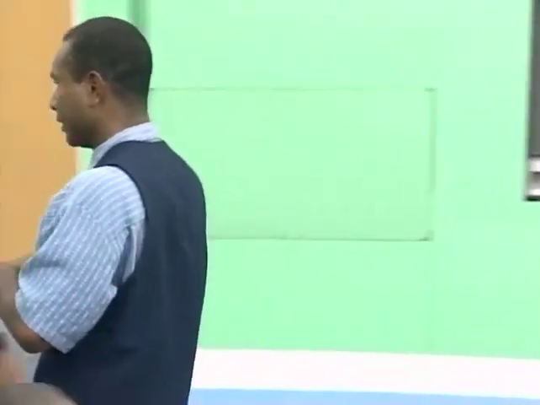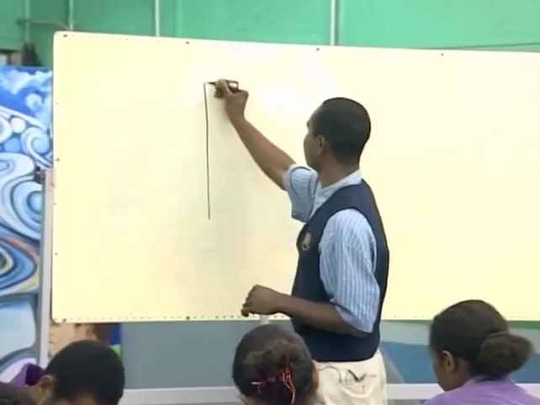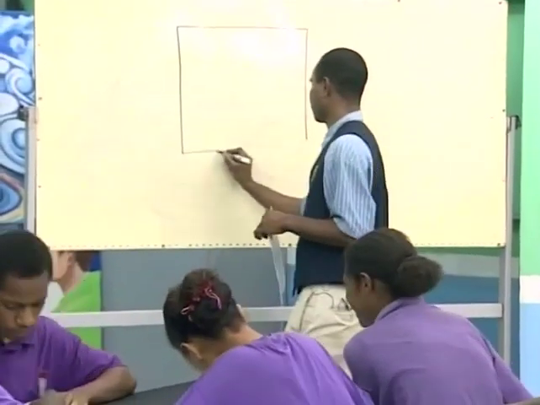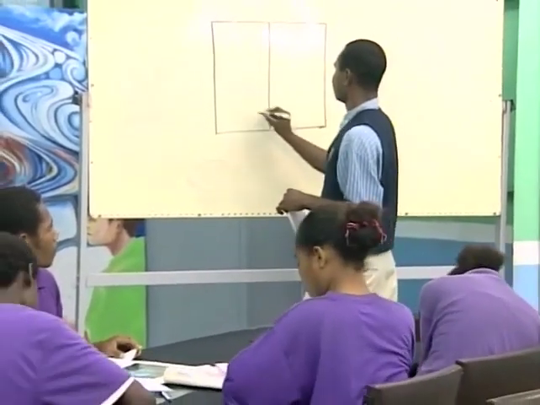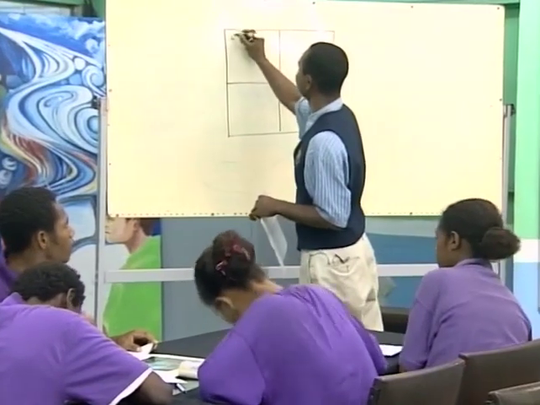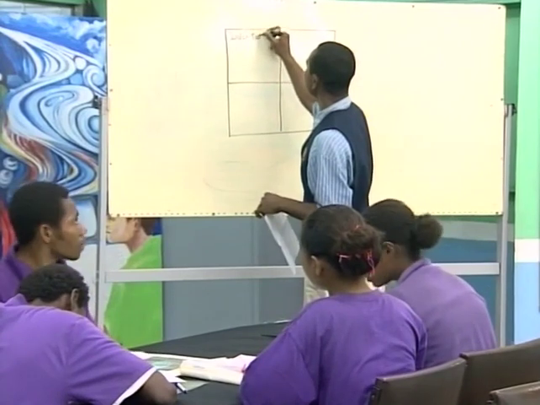So you should have it like this. Your paper is folded, or boundaries are given on paper. So you divide that, you may have this as intertidal zone.